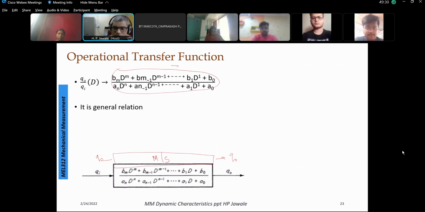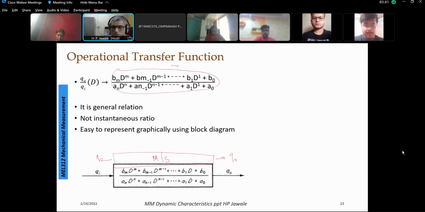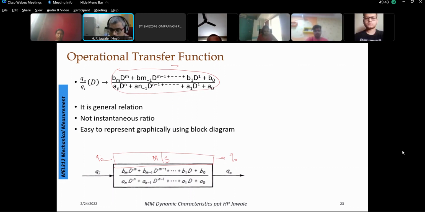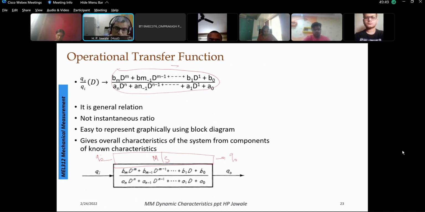It predicts the general relationship between input and output characteristics. It is not an instantaneous ratio, but a time dependent response, and it is easier to give in the form of a block diagram graphically. It gives the overall characteristics of the system or of components with known characteristics.